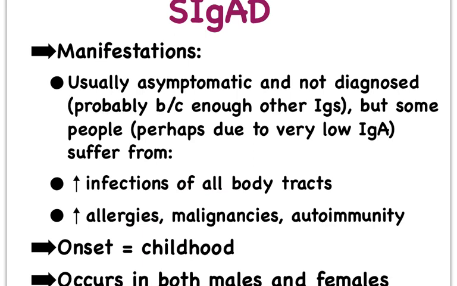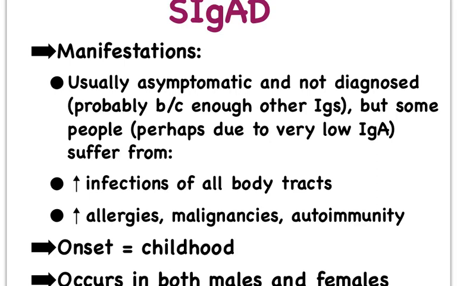So because kiddos who suffer from this particular immunodeficiency do tend to have enough of the other immunoglobulins, it's thought that that explains why most kids that have this condition are actually asymptomatic. But of course, some do have symptoms.